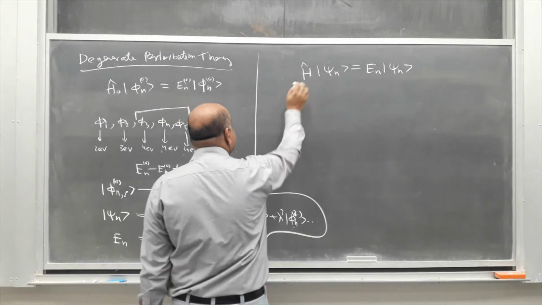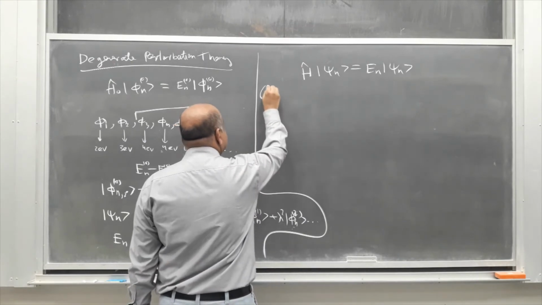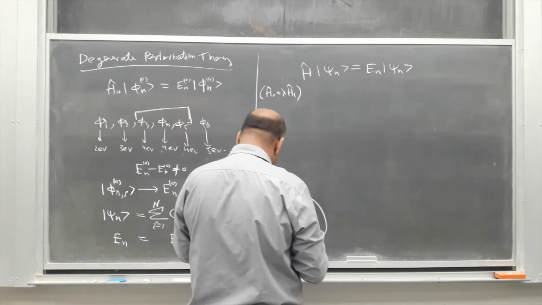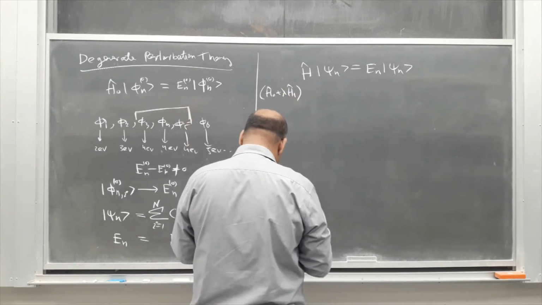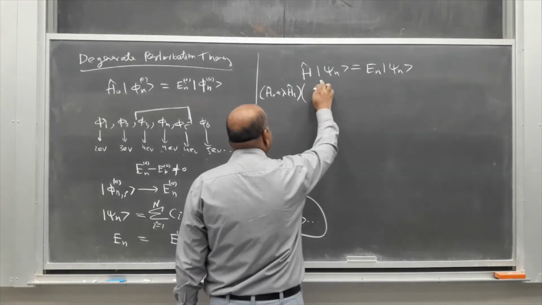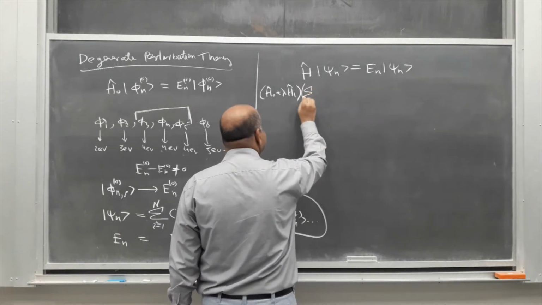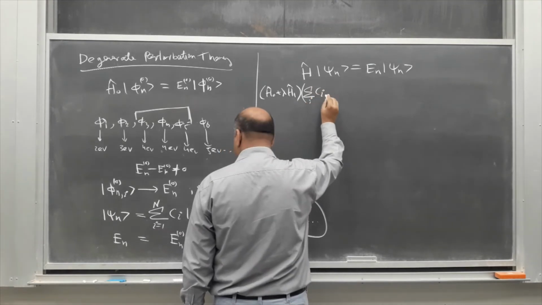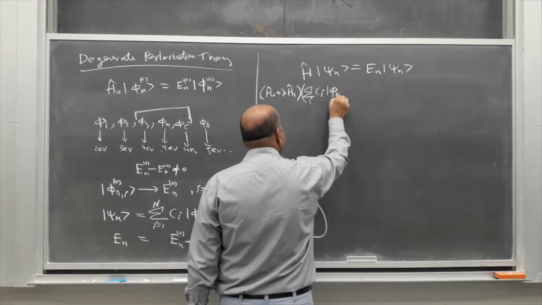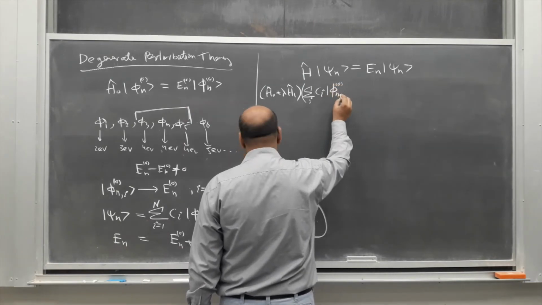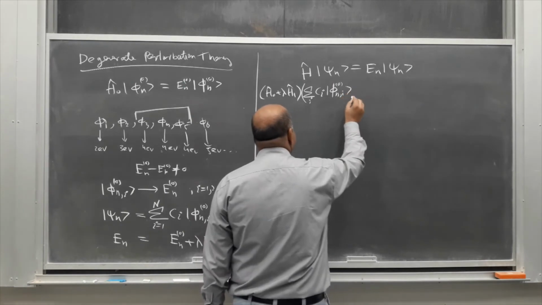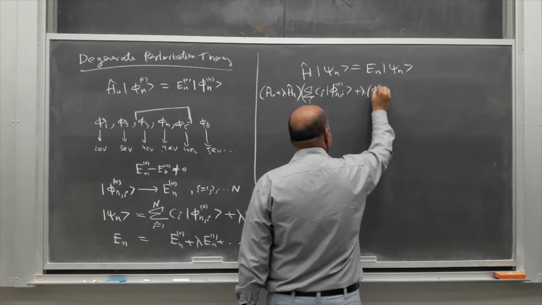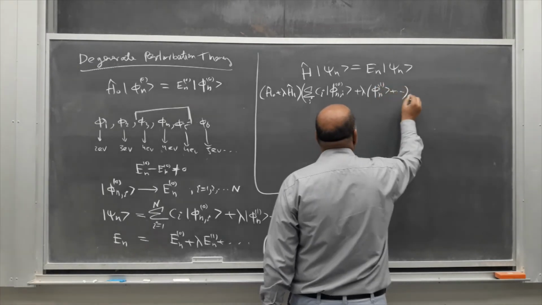So let me substitute for h naught plus lambda h1, and for psi n we have sum over i Ci phi n0 i plus lambda phi n1 and so on.